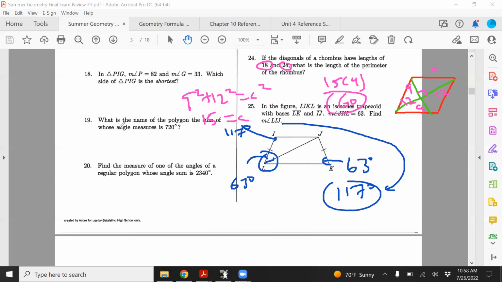What's the name of the polygon the sum of whose angles is 720 degrees? Or n minus 2 times 180. Say I find the sum of all angles of a polygon. So 720 equals n minus 2 times 180. You could distribute if you want.